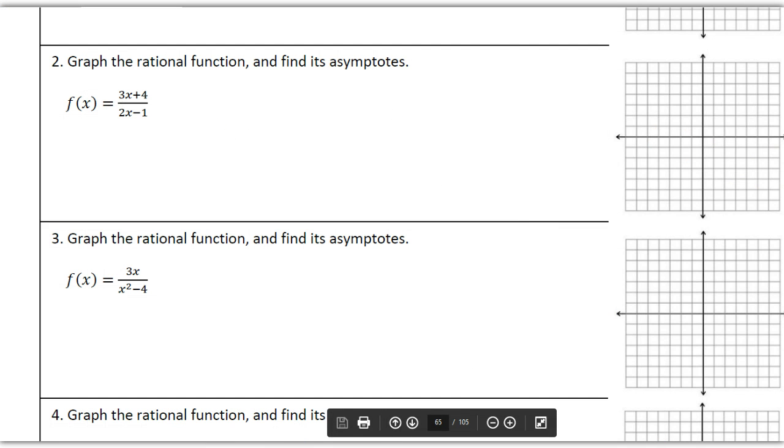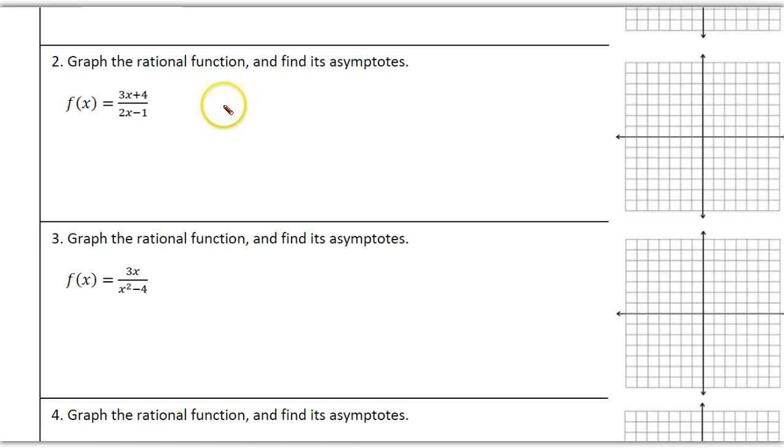In example 2, we find the asymptote in the very same way. We take our denominator, equal it to 0, and we solve it. It's going to be x equals 1, and then divide by 2. So our vertical asymptote now will be, and we're going to put a line in there, at 1/2.